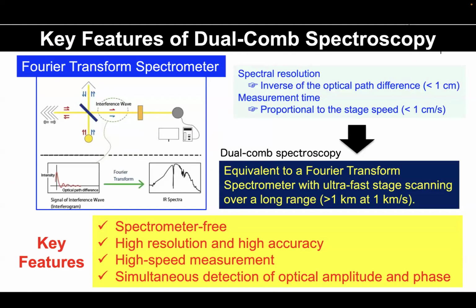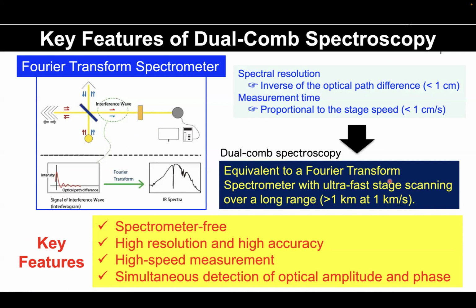DCS is a kind of Fourier transform spectroscopy. But there is no need for mechanical time delay scanning by a stage, due to the non-mechanical time delay scanning of ASOPS. Therefore, DCS is equivalent to a Fourier transform spectroscopy with ultra-fast stage scanning over a long range, over 1 kilometer length at 1 kilometer per second speed.